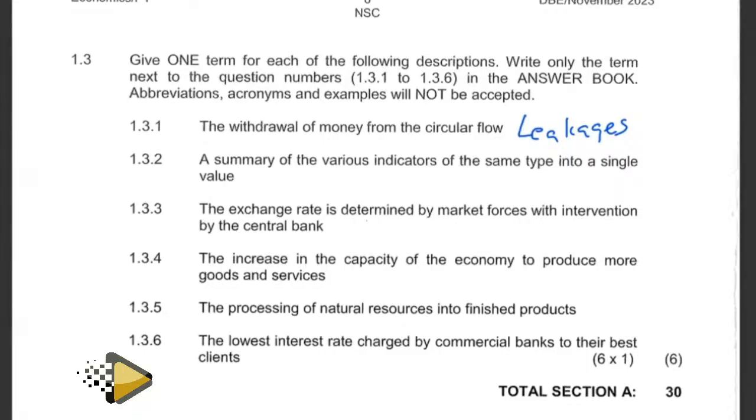1.3.2 reads as follows: a summary of the various indicators of the same type into a single value. So now if you still remember, grade 12, the different set of the indicators that we have. Okay, before I jump into types of the indicators, let me first explain the word indicator. When you talk of an indicator under economics, we refer to a sign of where an economy is heading or where a nation is actually heading.